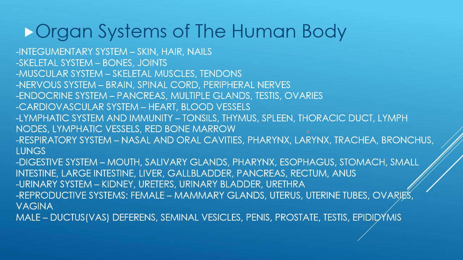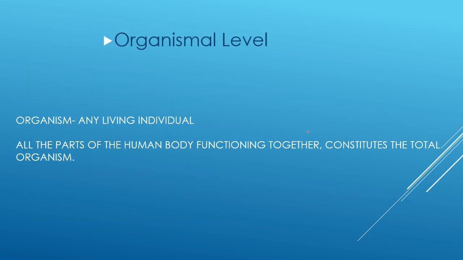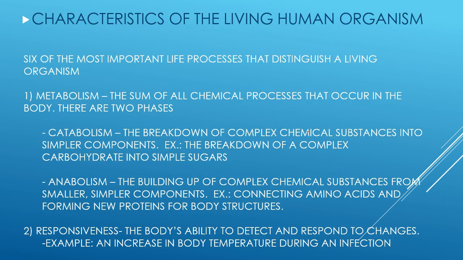The cardiovascular system, again, is simpler as far as the list of organs that are going to be included. You have heart and blood vessels. Now, the digestive system, as we went over, has a little more to do, and so we have a lot more organs involved. Okay, at the organismal level, again, any living individual, and for this particular class, we will be talking about the human.